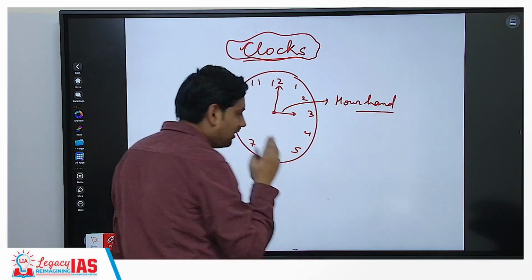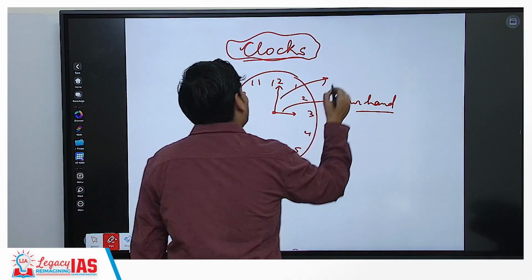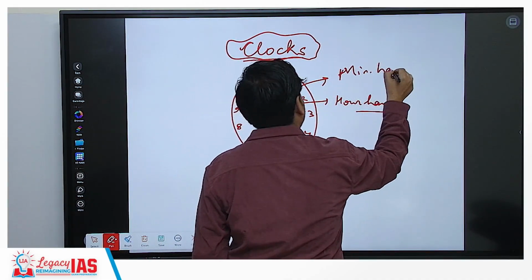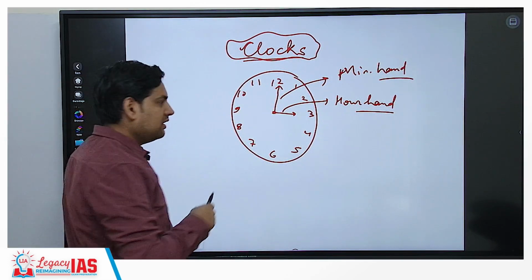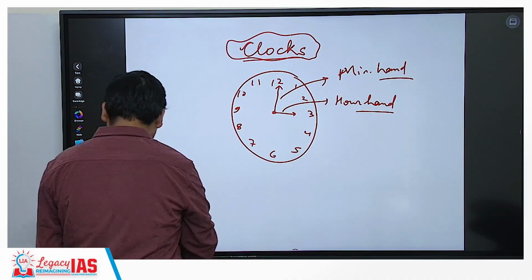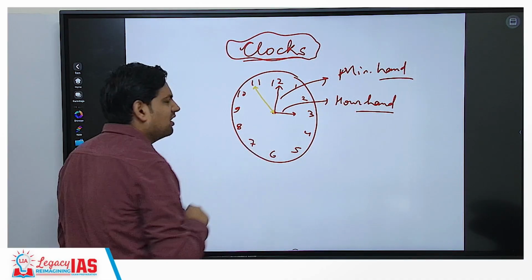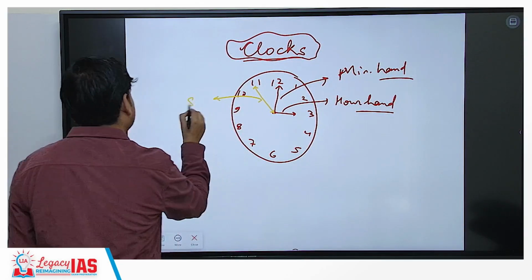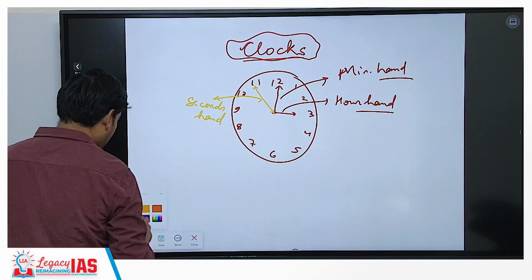As you can see on this board, my writing is much better because this is a better board. Then this is the minute hand. Apart from this, there is also a seconds hand that goes like this, very thin and going around like this. This is a seconds hand. These are the three hands.